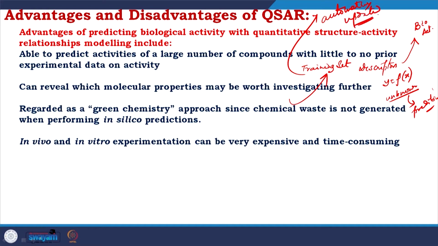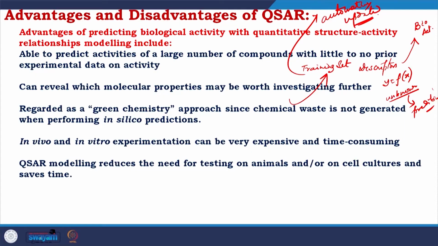And this is really wonderful because we are not talking about biological macromolecules here, we are talking about small molecules. We will get a lot of small molecules around, and using them the program can easily be upgraded. Also, QSAR modeling reduces the need for testing on animals and/or cell cultures and saves time. So, you already get a correlation, so you get selectivity.